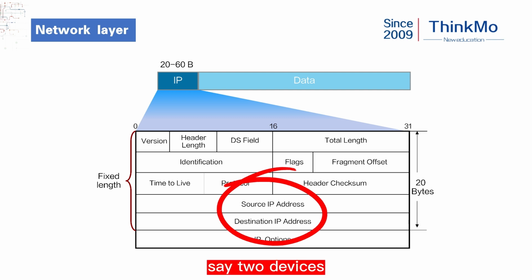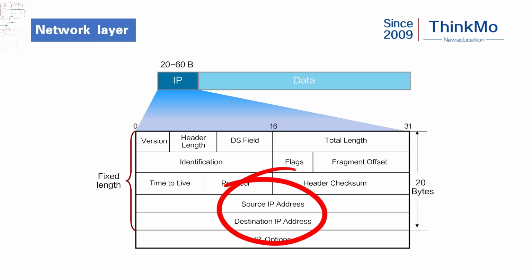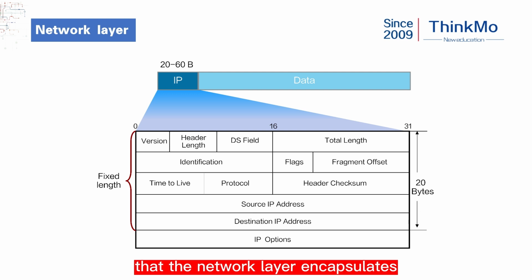Say 2 devices. I am 1.1.1.1. It is 1.1.1.2. Then I am here. The peer is 1.1.1.2. We send a data for data communication. This is a piece of data that the network layer encapsulates.